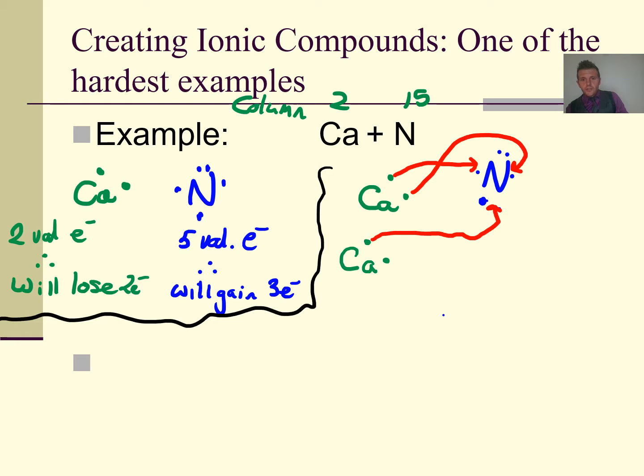But now this calcium has another electron that it wants to give away somewhere, but it doesn't have anything to donate it to. So then a second nitrogen will come along. 1, 2, 3, 4, 5. Oh, that's good. So now that calcium's okay. It was able to give away its last little electron. But now this nitrogen still needs 2 more electrons.